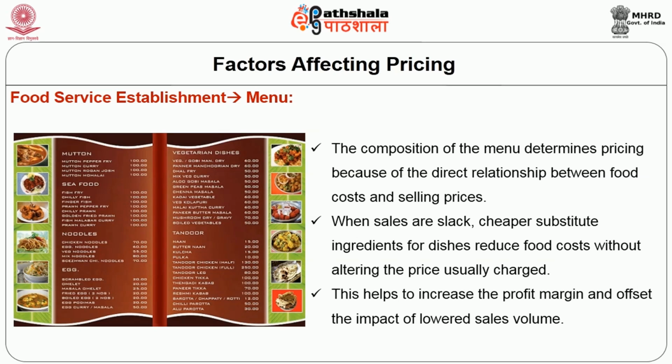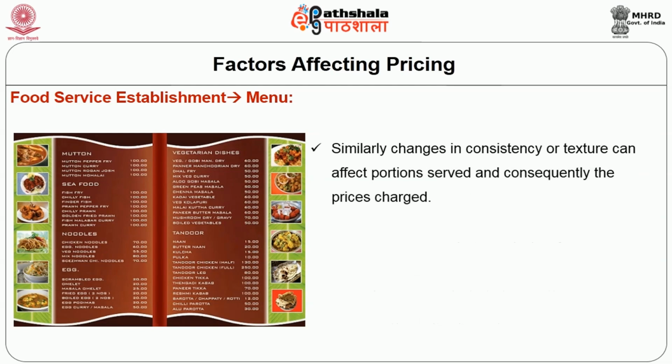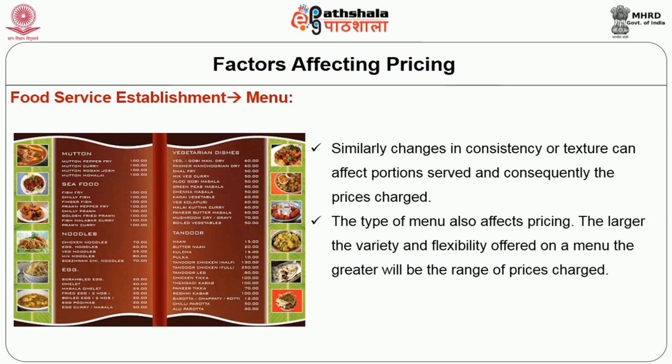This helps to increase the profit margin and offset the impact of lowered sales volume. Similarly, changes in consistency or texture can affect portions served and consequently the prices charged. The type of menu also affects pricing. The larger the variety and flexibility offered on a menu, the greater will be the range of prices charged.